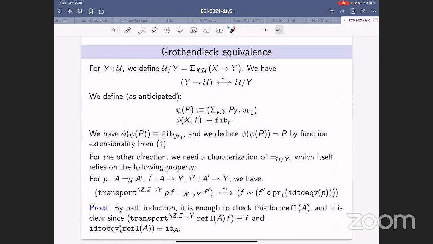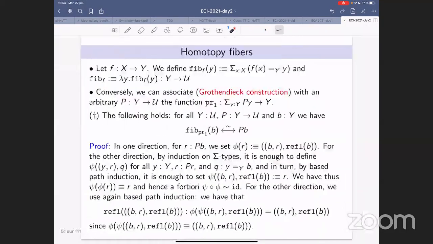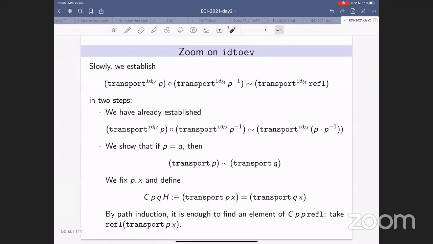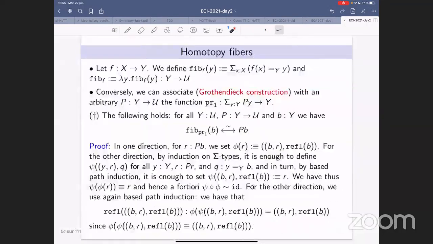Okay, so now obviously, I do not have time to give you the proof of this theorem. So I will start tomorrow with the proof of this theorem. This is too technical after almost 3 hours.